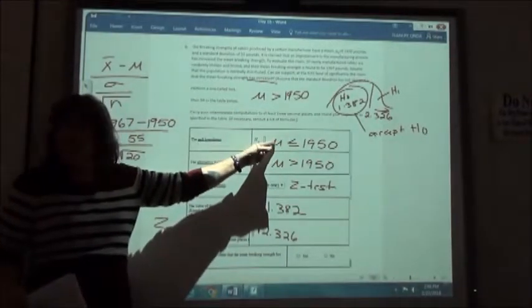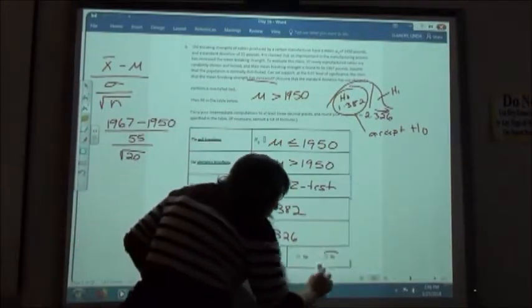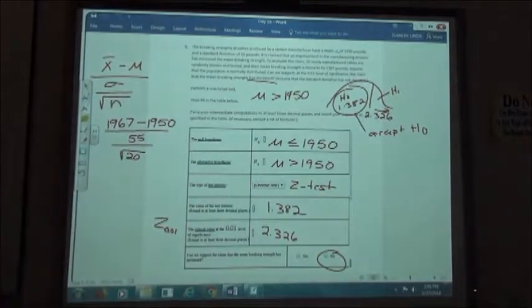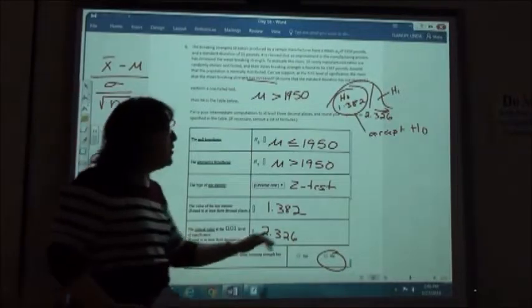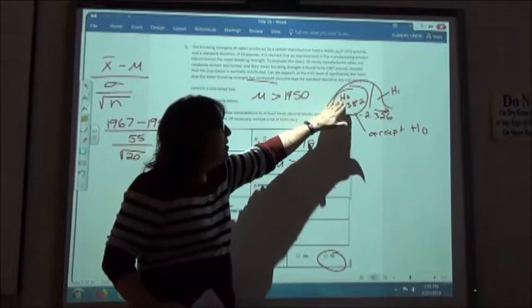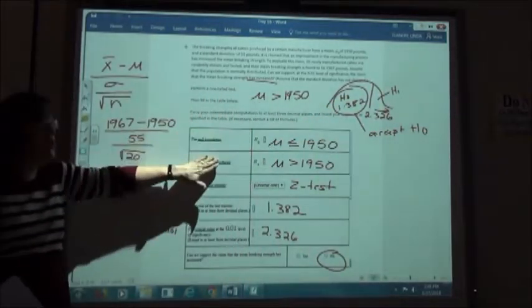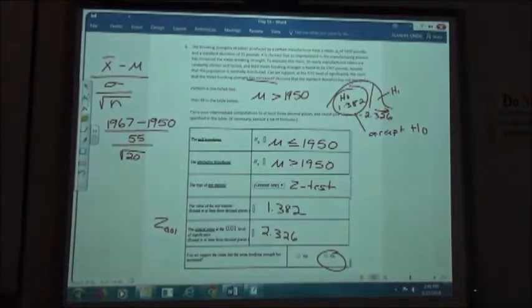We have to accept that it's less than or equal to, so it didn't increase. So I have to say no, I can't accept that statement. So when they give you the critical value, you mark where your test value is, depending on if it's a less than or a greater than, and that tells you which one of these two things you should accept. I have to accept the null.